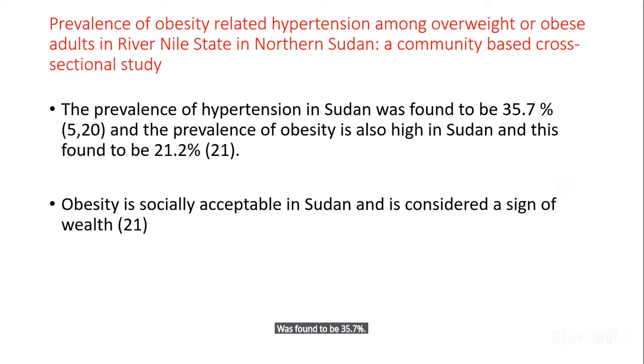The prevalence of obesity is also high in Sudan, found to be 21.2%. Obesity is socially acceptable in Sudan and is considered a sign of wealth. This statement is very key to the reader.